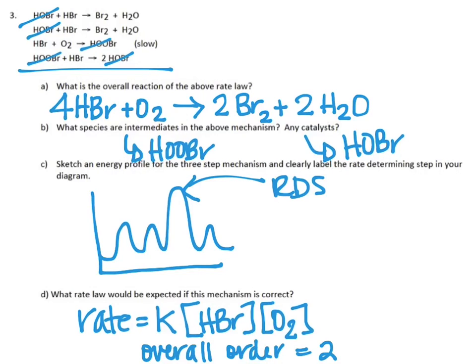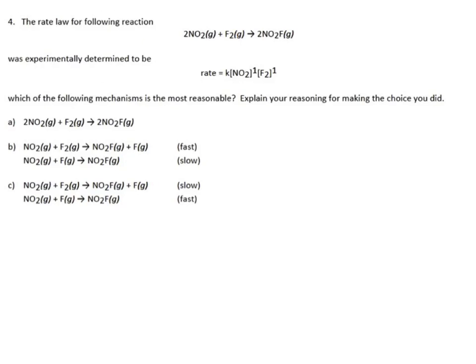Okay, so let's take a look at this next one. I'm going to do some reasoning here. It wants us to determine which mechanism is most reasonable. It says explain your reasoning, and my reasoning would be me working this problem out. My first thing is I'm just going to write the orders.